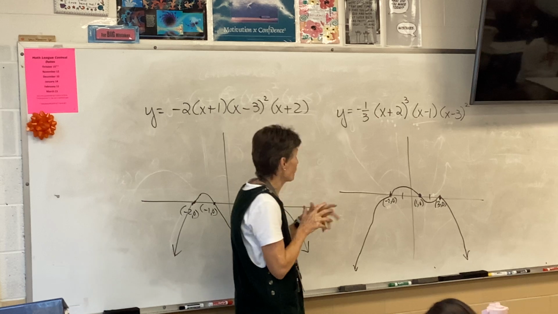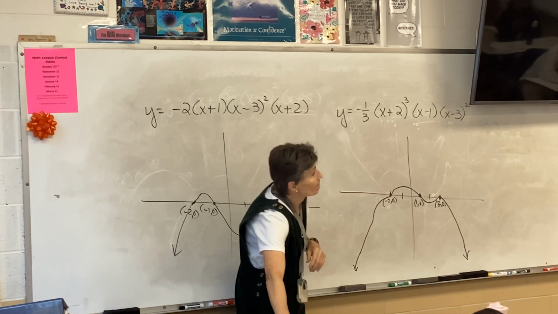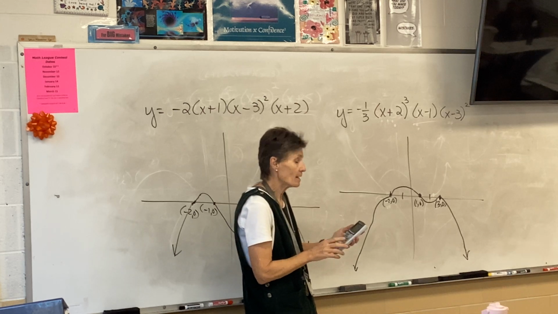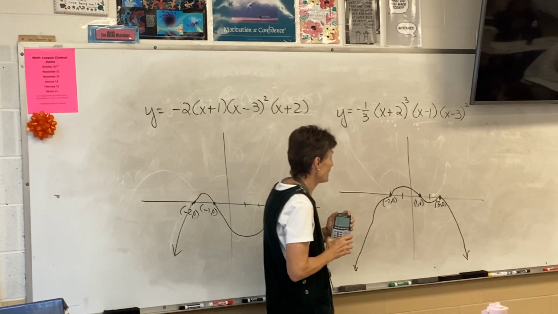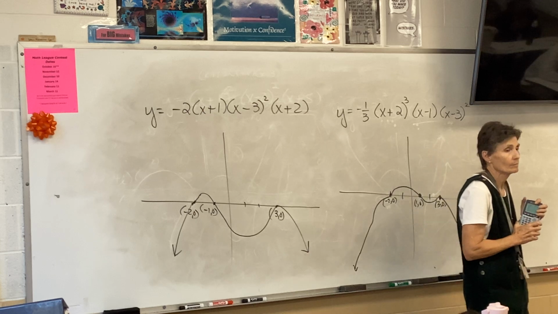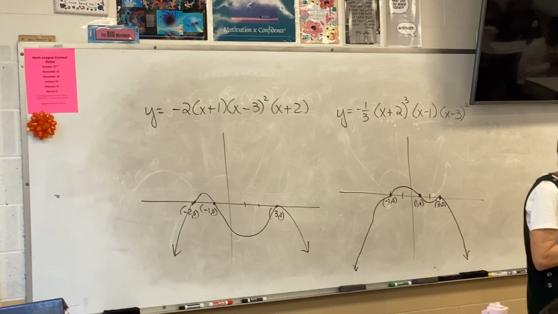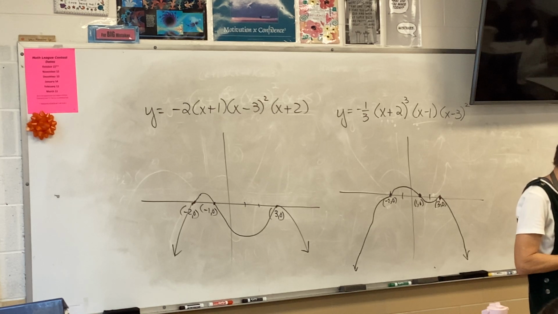Now, I want everybody to get out your calculator, and we're going to graph this on our calculator. To get an optimum picture, go to window right now. Everybody go to window right now. X min, -5. X max, 5.